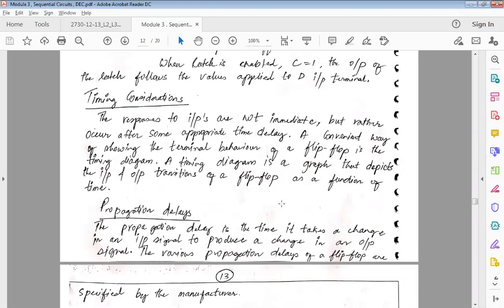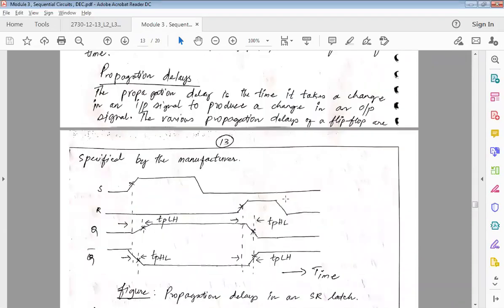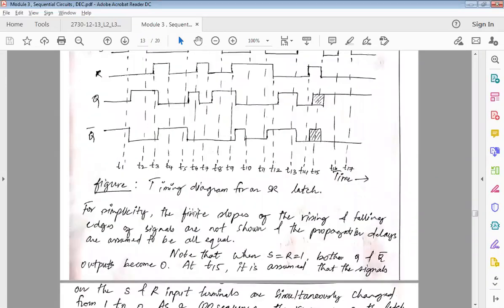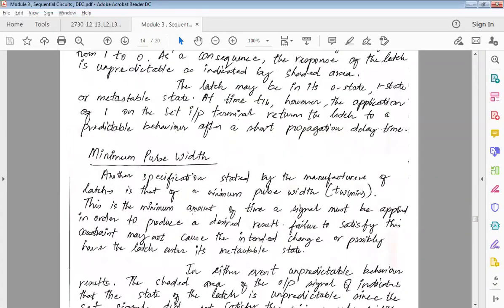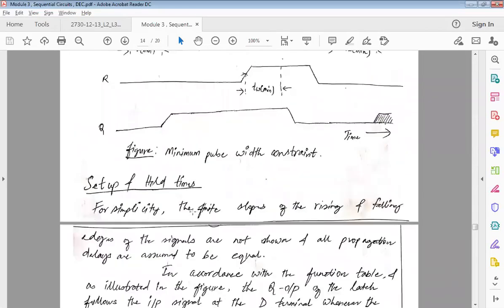Next we will be extensively looking at something called timing considerations, including the transitions from low to high and from high to low. We will see this in our next session, where we will study minimum pulse width, and setup and hold times.